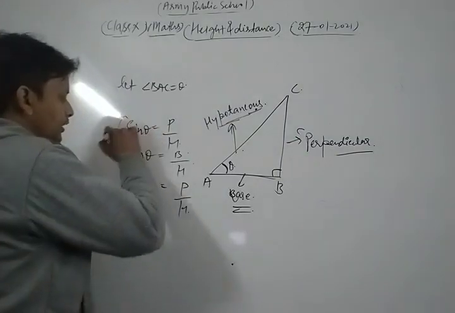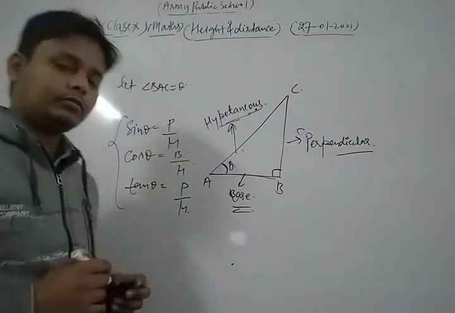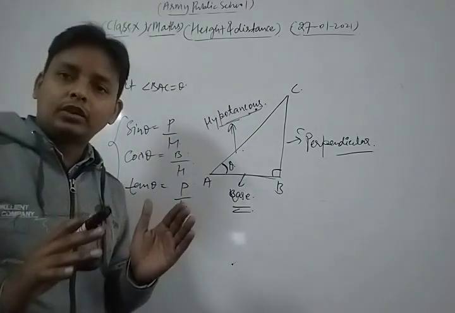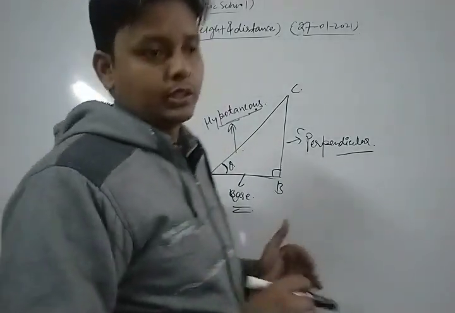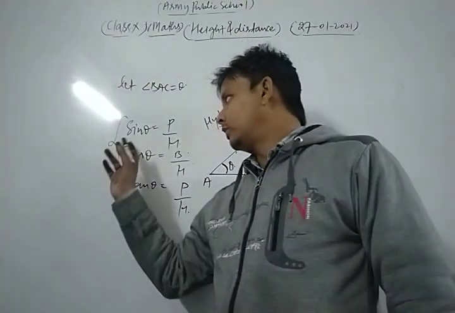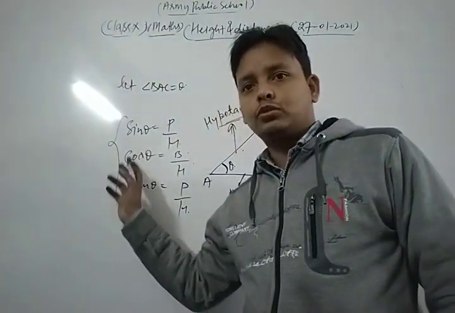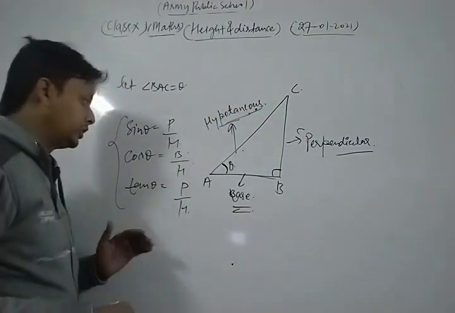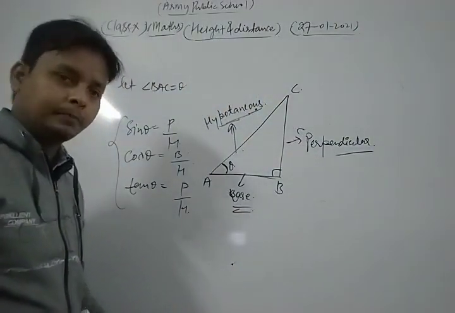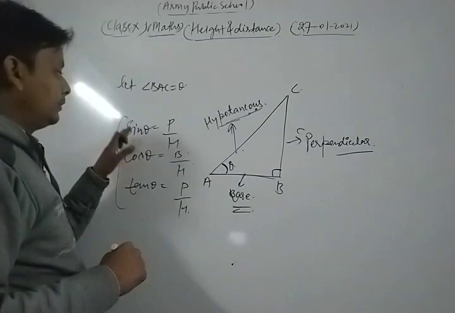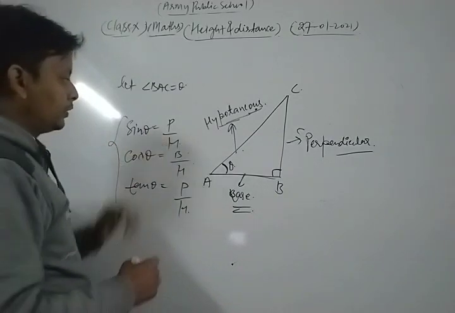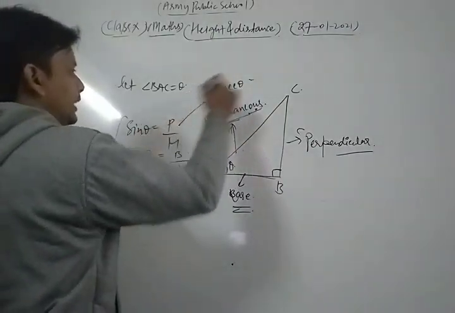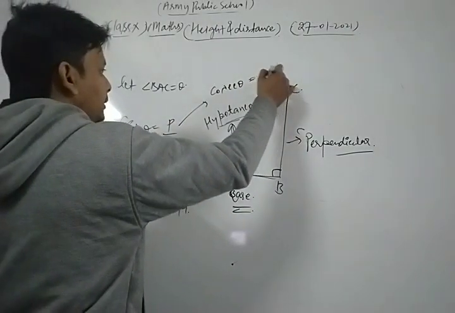So dear friends, in that chapter you should first be aware of the angle of depression, the angle of elevation, and also three more important ratios: sine, cosine and tangent. We also have the three reciprocal relationships. Sin theta is equal to perpendicular upon hypotenuse, then cosec theta is the reciprocal of sin, hypotenuse upon perpendicular.